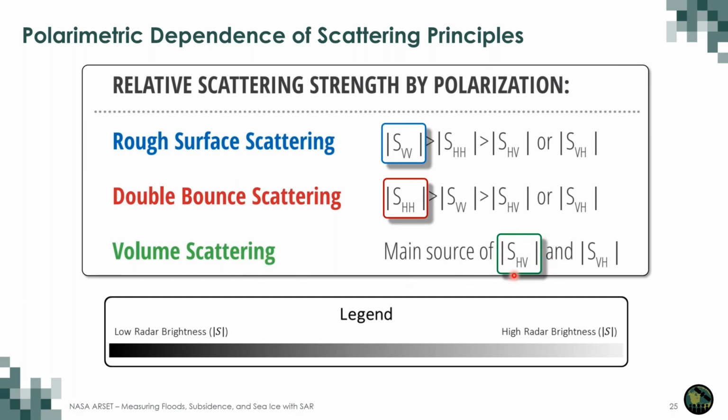So these are terms where we transmit one polarization, for instance horizontal, and receive the other polarization, such as vertical. So if you have all these polarizations available, you could look at ratios in power. If a pixel has higher power in VV than in HH, it is likely dominated by rough surface scattering.